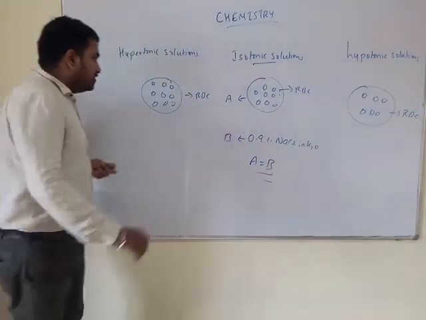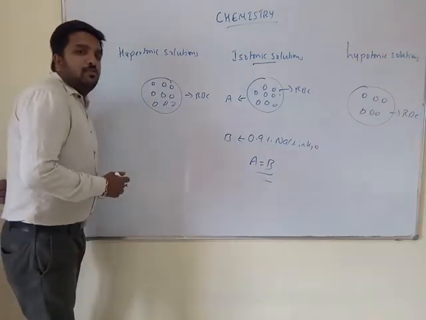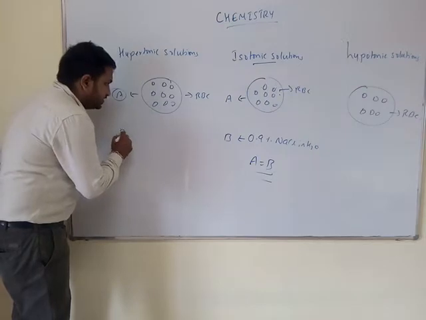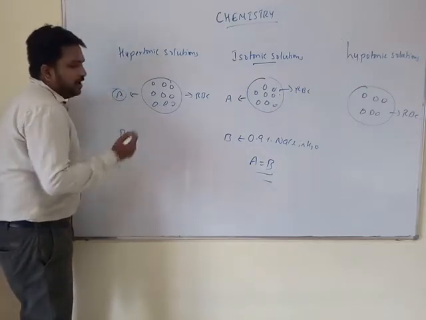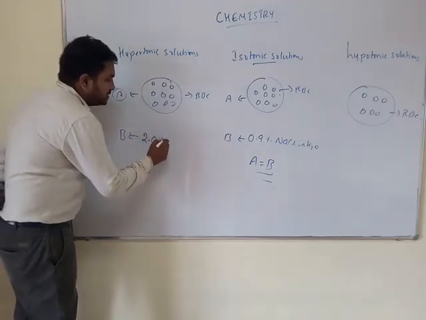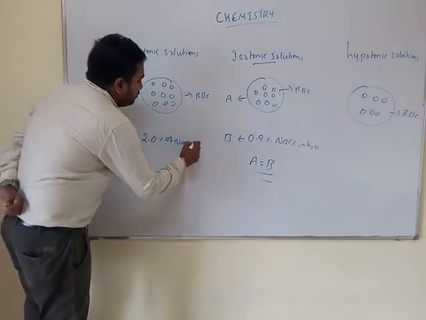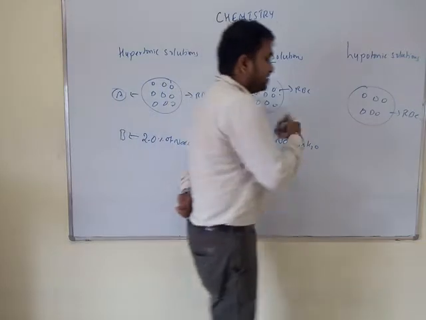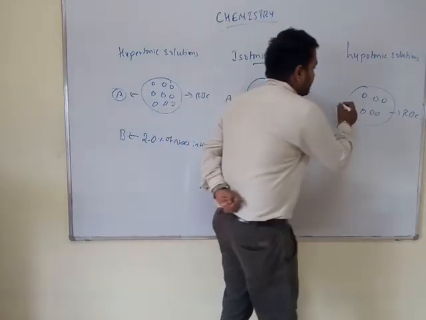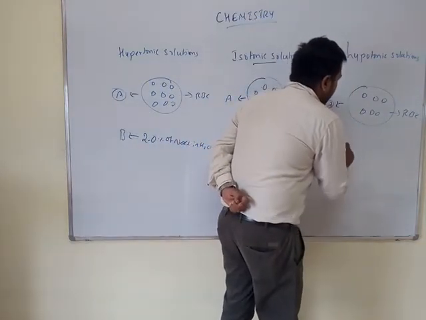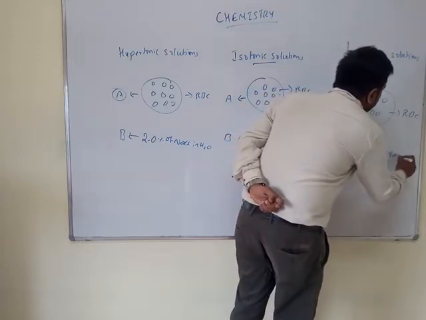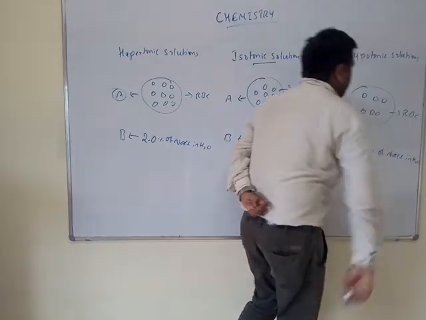Clear? Isotonic solutions are the solutions which have the same amount of osmotic pressure. So now in this case, let us take above 0.9%. This is solution A, and in case of B, let's have 2.5% or 2% of sodium chloride in water. So what happens now? And in this case, now let us say below 0.9%. This is solution A, and for B, let us take 0.5% of sodium chloride in water.